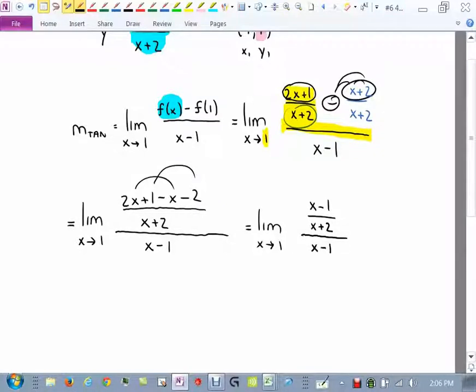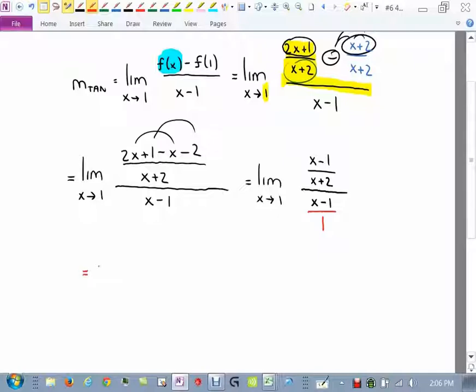And now I have a fraction over a fraction, because I can look at that x minus 1 as being over 1. And what I can do is rewrite a fraction divided by a fraction as multiplication by the reciprocal. So I'm just going to take the fraction on the bottom, flip it, and bring it up as a multiplication. So this got flipped and came up.